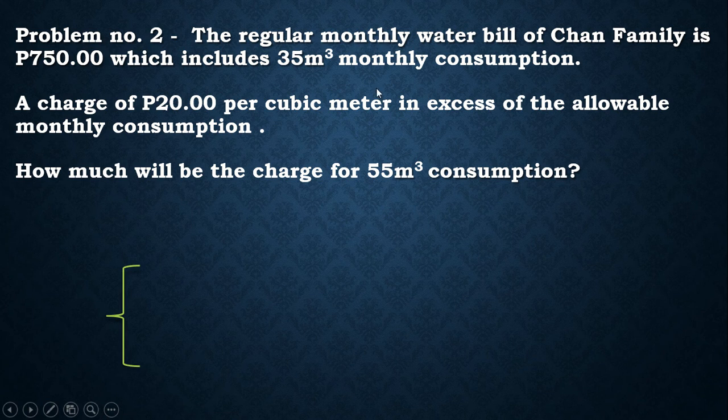Again, the Chan family pays 750 pesos for 35 cubic meters or less in a month for their water bill. If they exceed the 35 cubic meters, each additional cubic meter will cost 20 pesos.